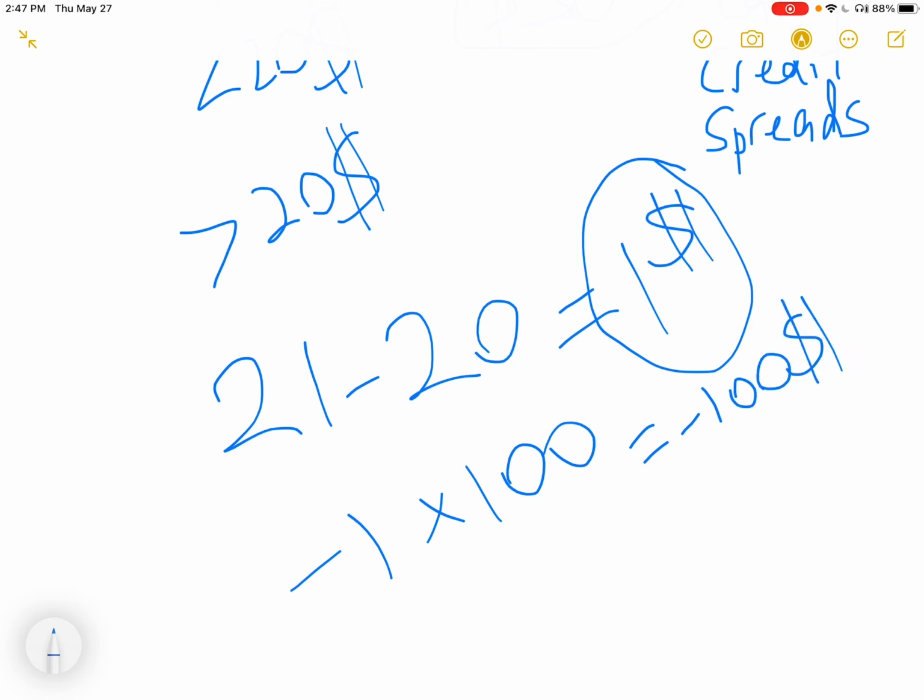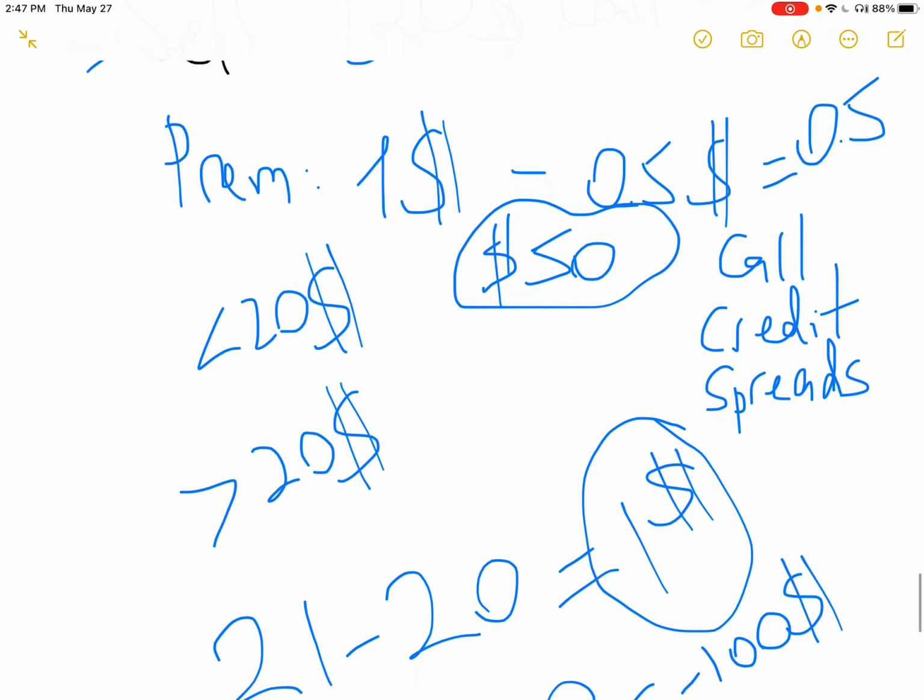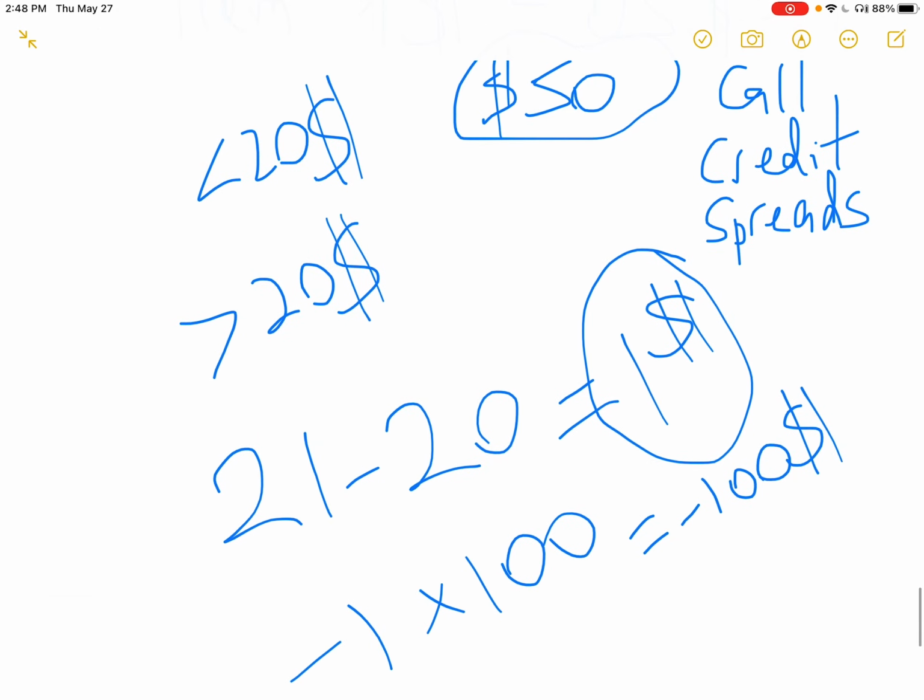So in this case, to earn $50, you are okay losing $50. So it's basically what I would call 50% return in this case, because you're putting up $100 and you're making $50, which is a 50% return.